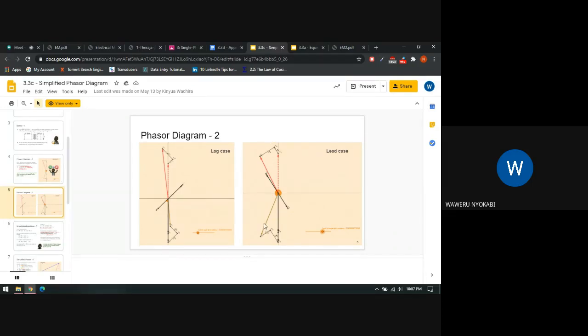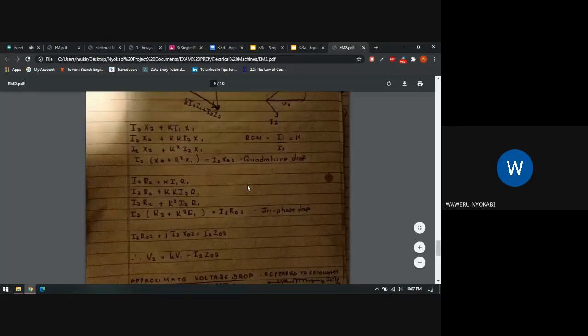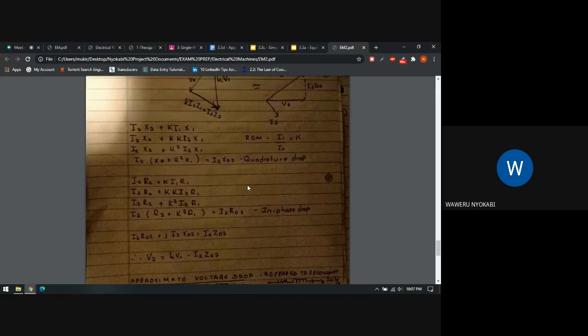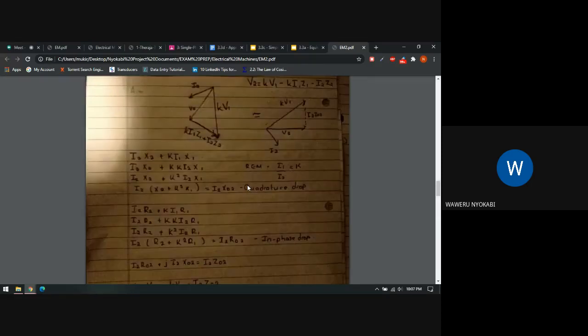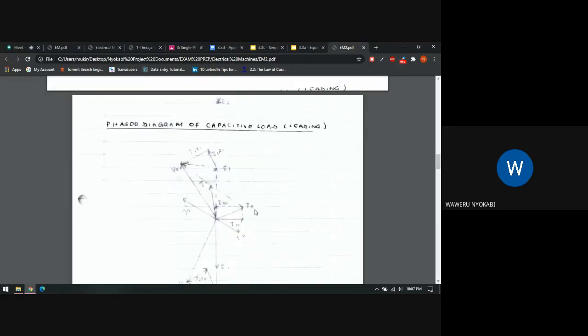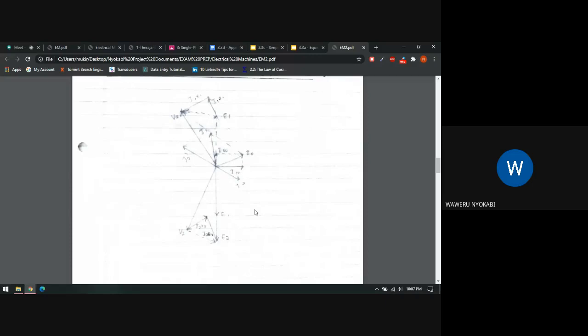And you remember, when you simplify the equivalent circuit, it means I naught is 0. So you remember when I was taking you through the leading one, initially we had the I naught, and I1's component was I naught and I2 prime.